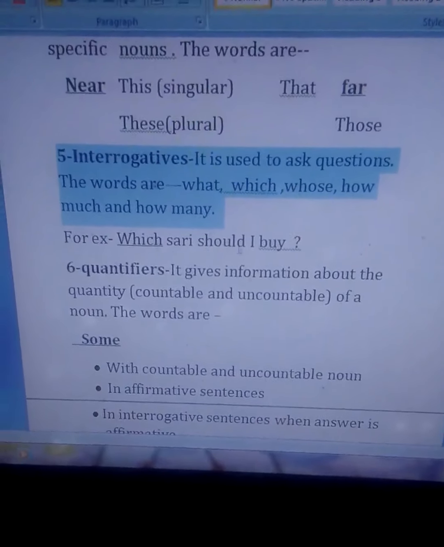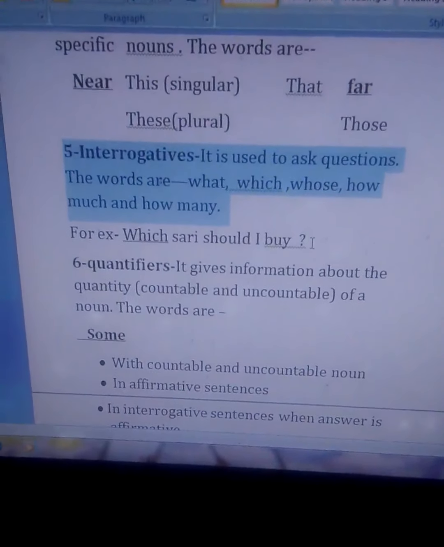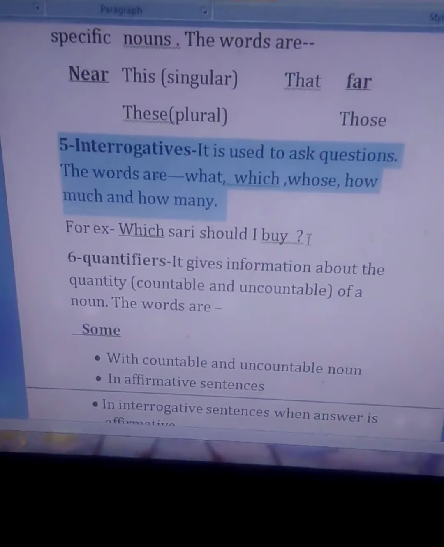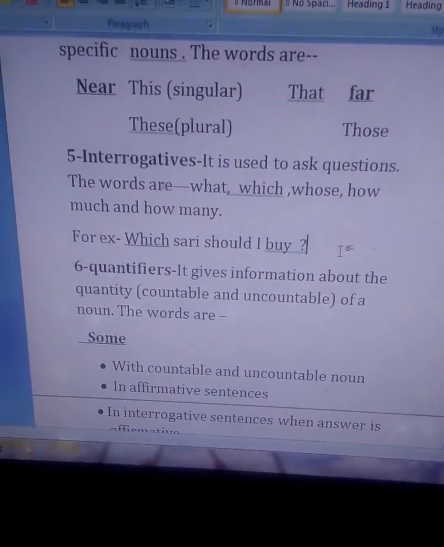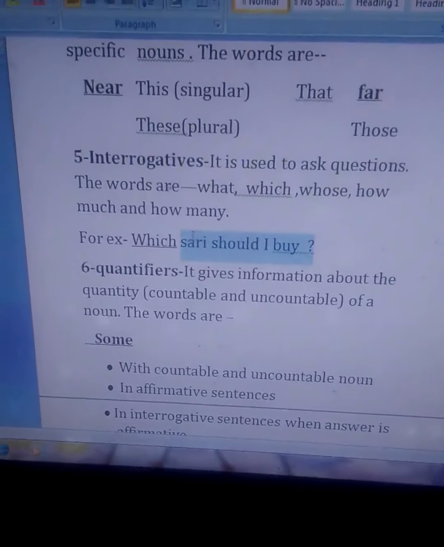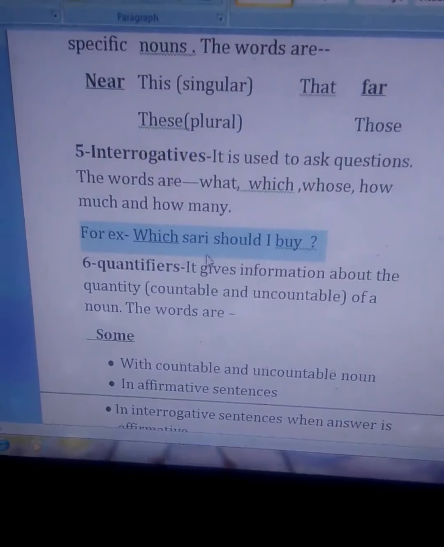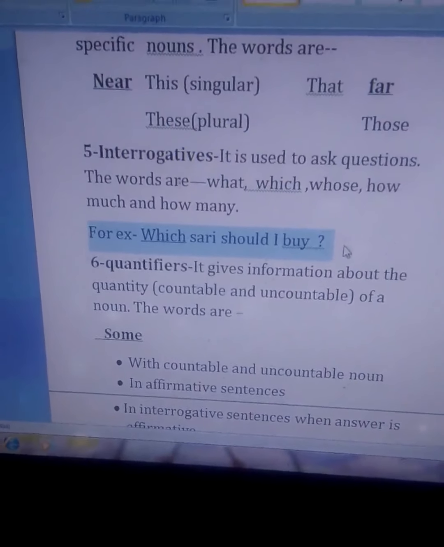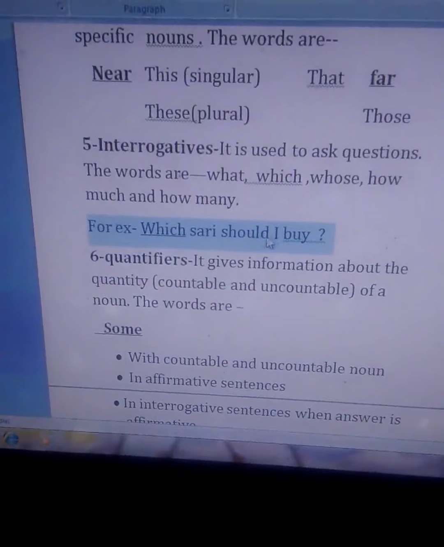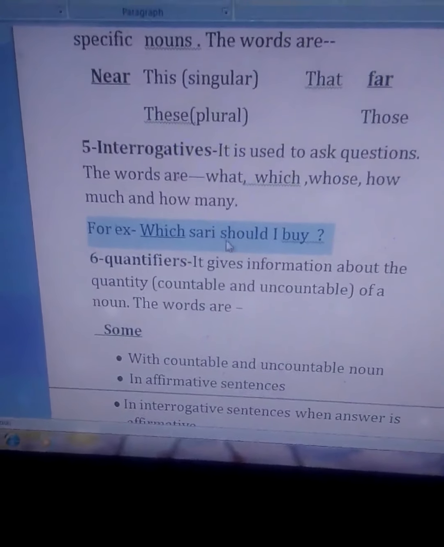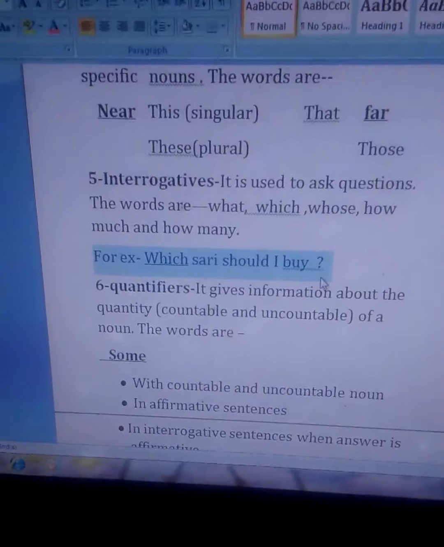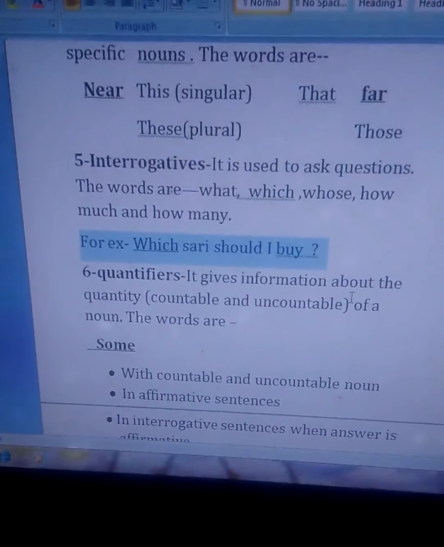Why have we used these words only? Because after these words, a noun comes. For example, which sari should I buy? Which is indicating sari. So, which is used as an interrogative determiner.